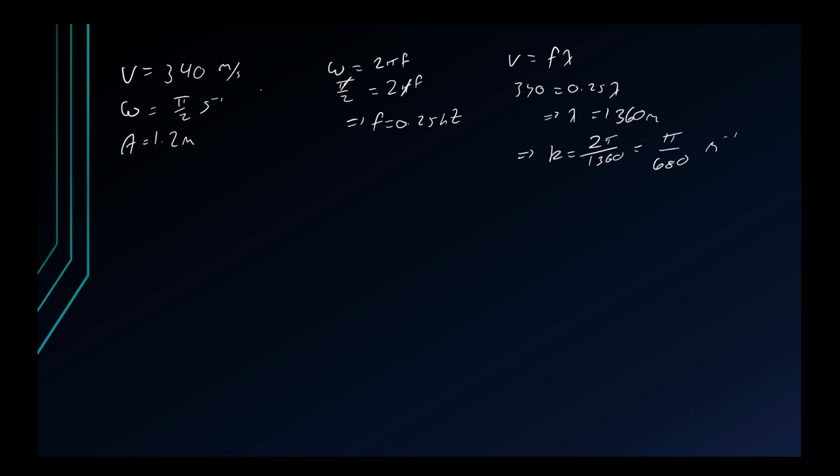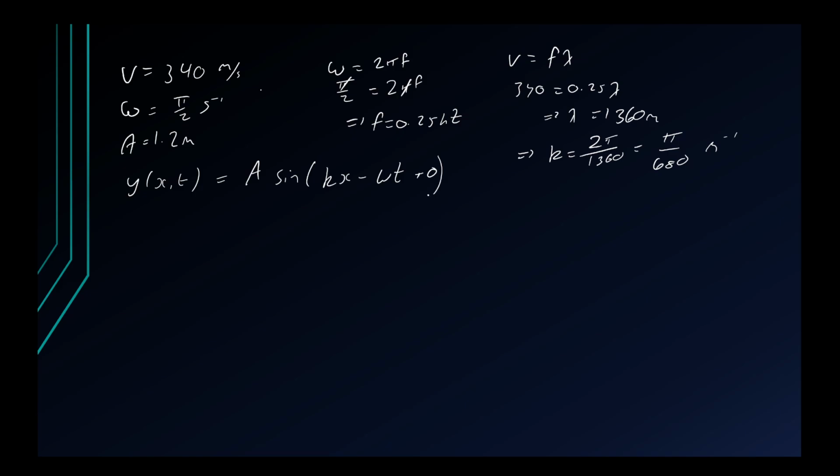So if you remember our wave equation, it's y of x comma t is going to be our amplitude times sine of kx minus omega t. And then, because it doesn't tell us anything about the phase shift, let's just assume that the phase shift is 0 just for simplicity.